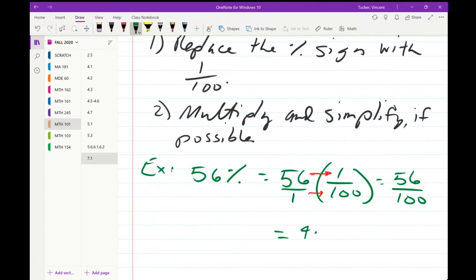Then I can simplify the fraction. Fifty-six is 4 times 14. 100 is 4 times 25. That's 14 over 25.